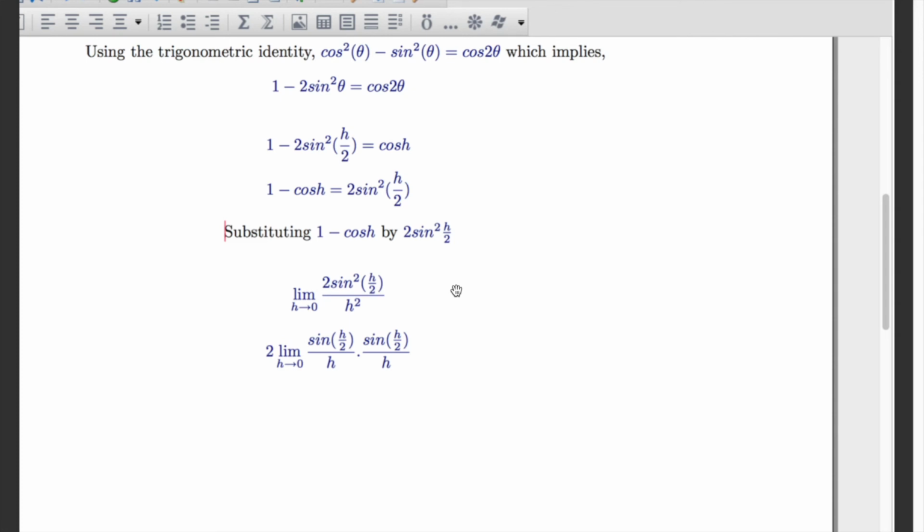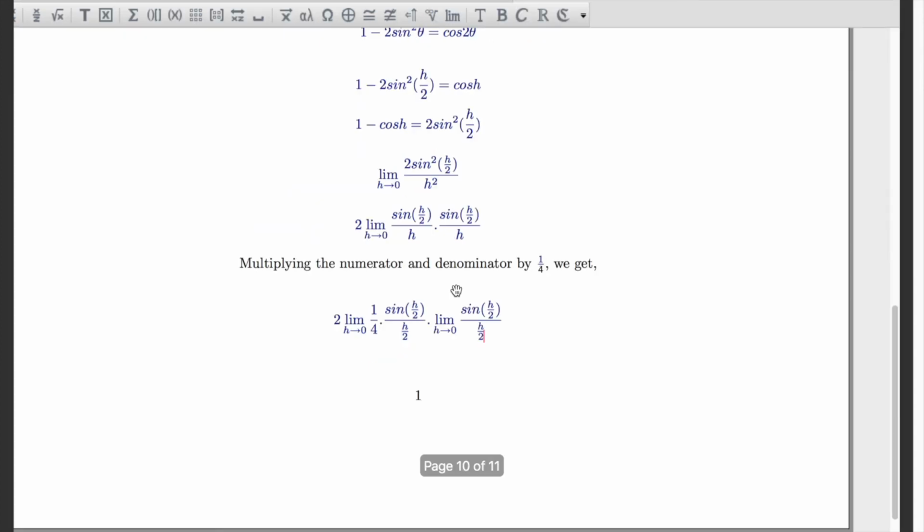Now we need h by 2 in the denominator, which means we're going to have to multiply both the h's by 1 upon 2, which in effect is multiplying the denominator by 1 upon 4. But that means I end up changing the function. So in order to keep the function the same, I should multiply the numerator by 1 upon 4 as well. Multiplying the numerator and denominator by 1 upon 4, we get this particular result.